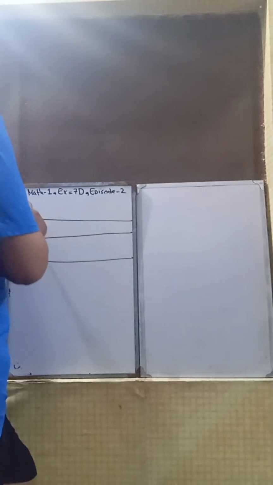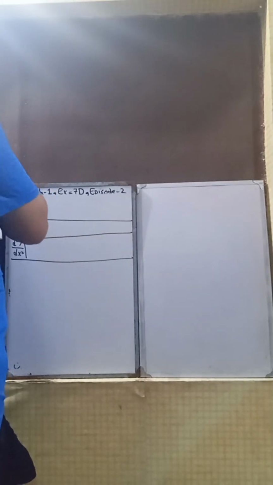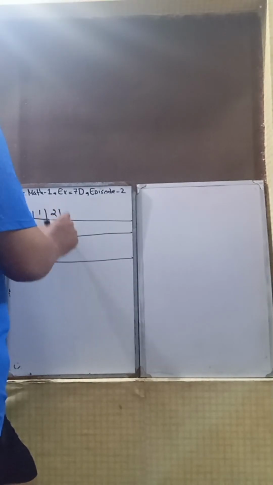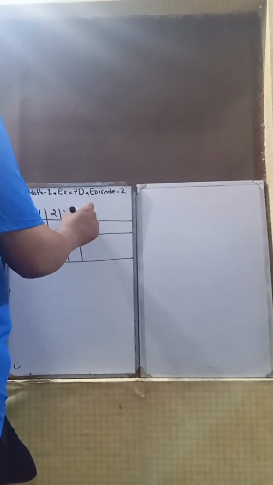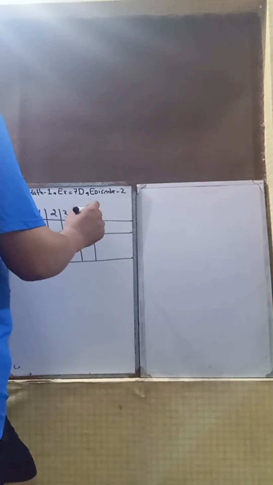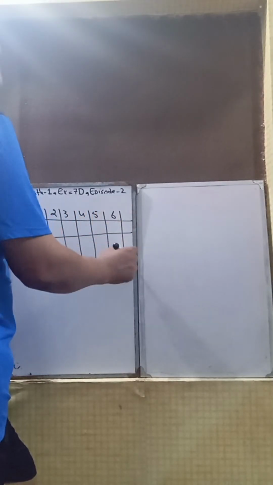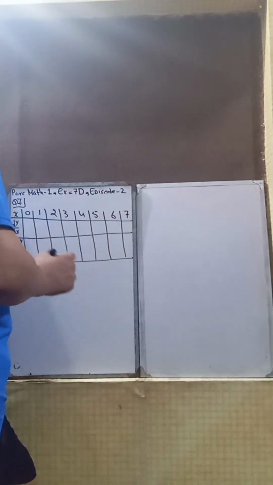So this is going to be a table like this. The first value is 0, then 1, then 2, then 3, then 4, then 5, then 6, then I have to put 7.